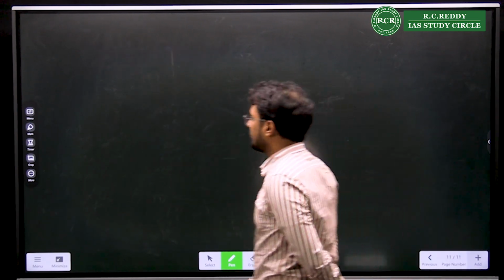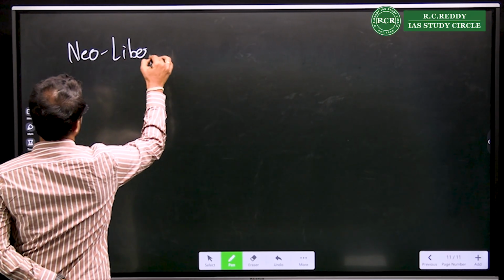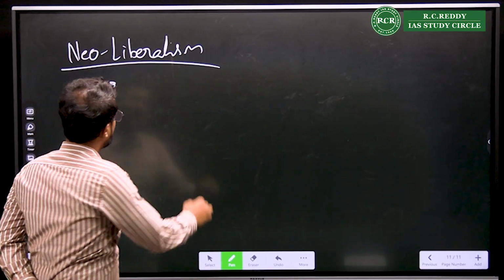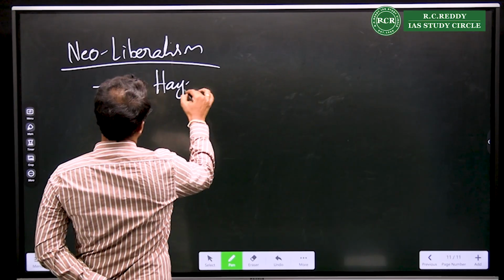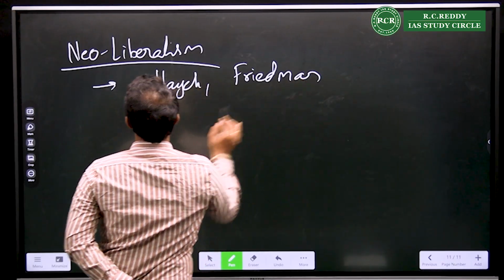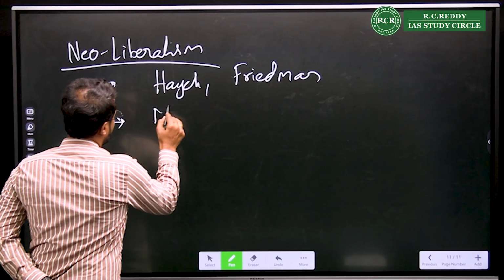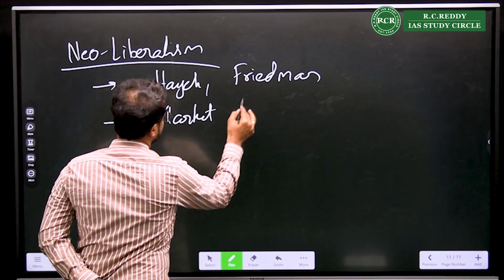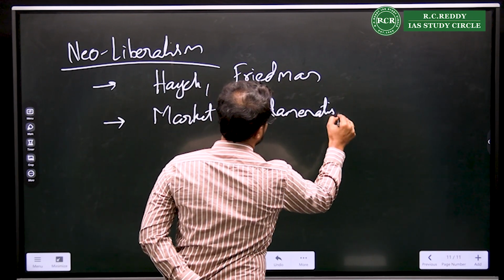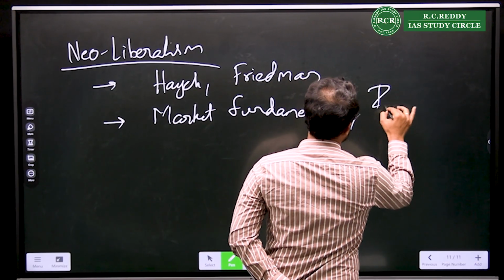Next you see a modern day philosophy in terms of neoliberalism. Neoliberalism is mainly propagated by Hayek and Friedman. Right? They go for the concept of market fundamentalism or invisible hand theory.